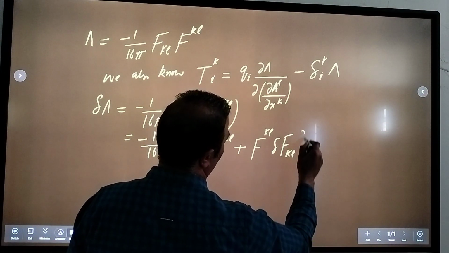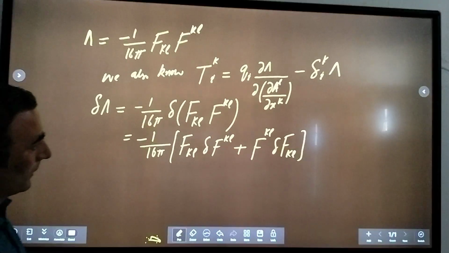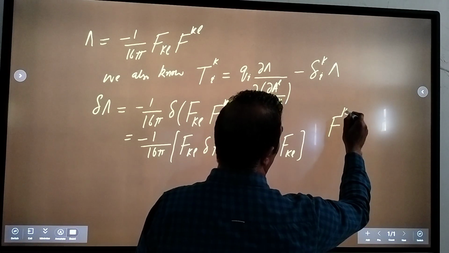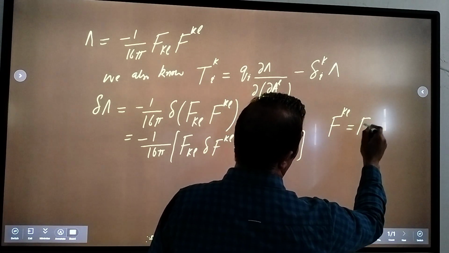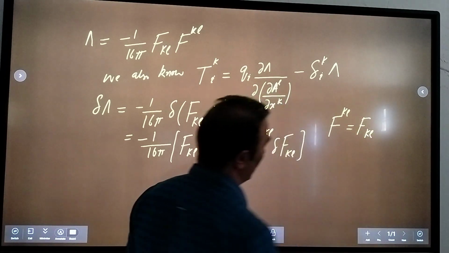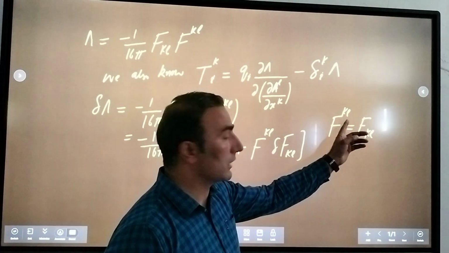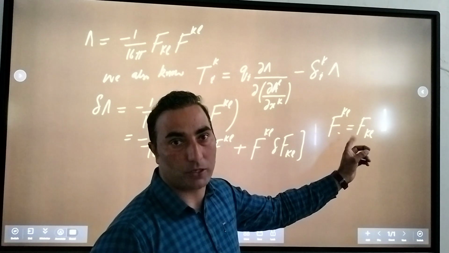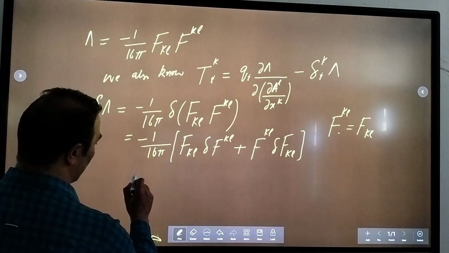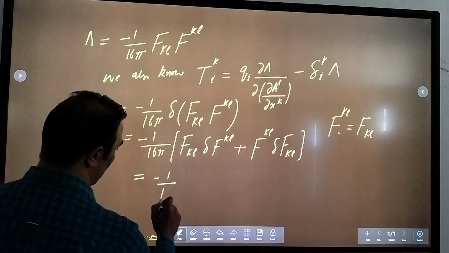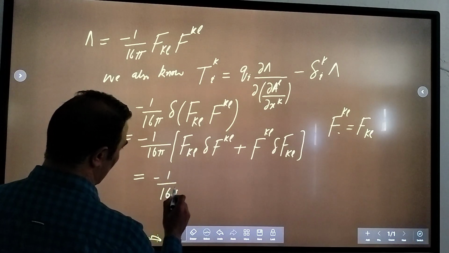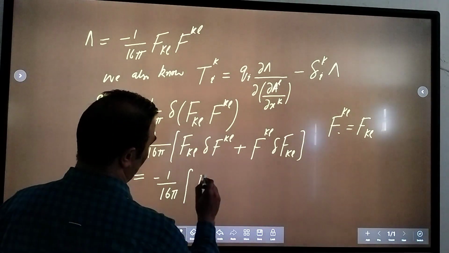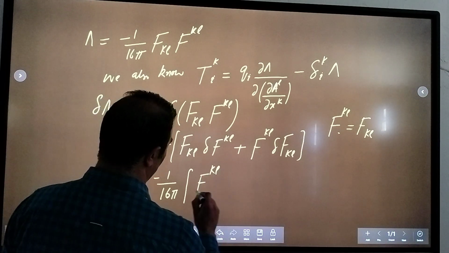Okay, now we can choose here, I will change the indices. I can write F_{kl} equal to, right? So I can do this. Or if you write F_{kl}, that will be minus F_{lk}, right? Because this electromagnetic field tensor is antisymmetric. Okay. So I can rewrite this term as minus 1 by 16 pi, and I can write this as F_{kl}.